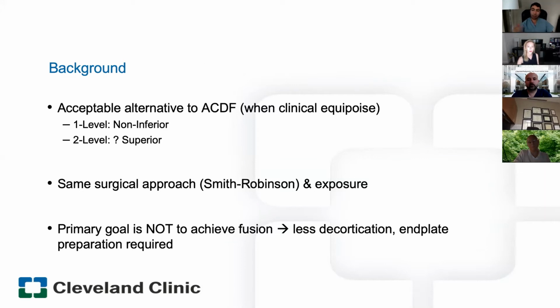And there is some data to suggest that two-level arthroplasty may potentially be superior to ACDF, okay? Again, this is mostly industry-sponsored and industry-led studies with small control groups and heterogeneity when it comes to the type of outcomes that we're looking at, okay? So these are all things to keep in mind.